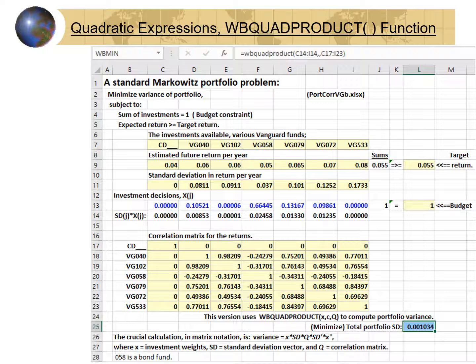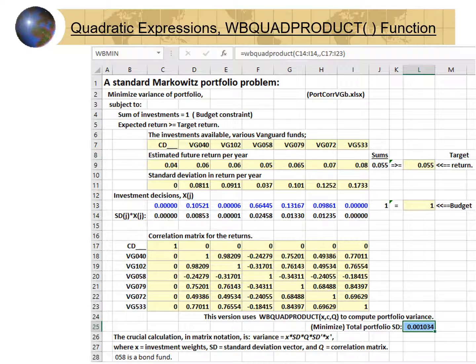The input data is in the shaded area again: the estimated future returns for each investment, the standard deviation for each investment, and then below, the correlation matrix. We need to compute the variance of a portfolio consisting of a weighted average of these investments.